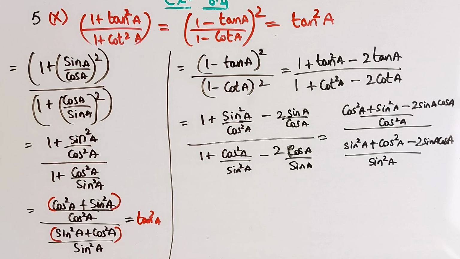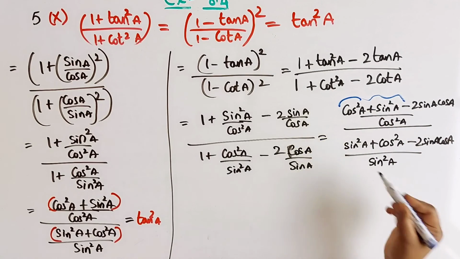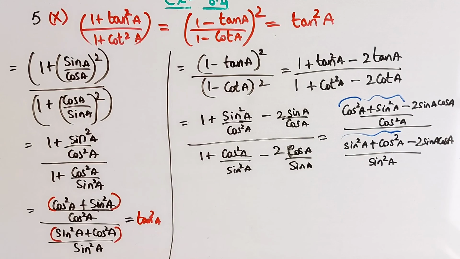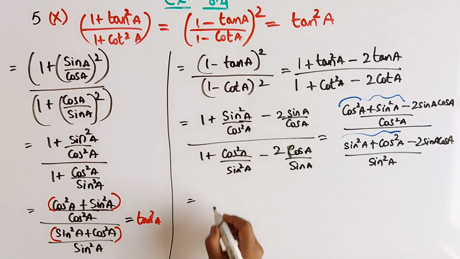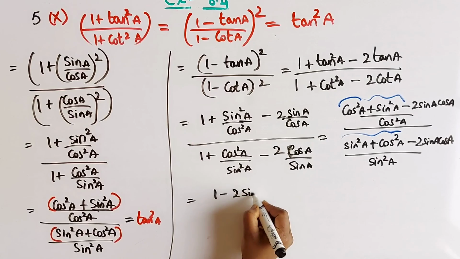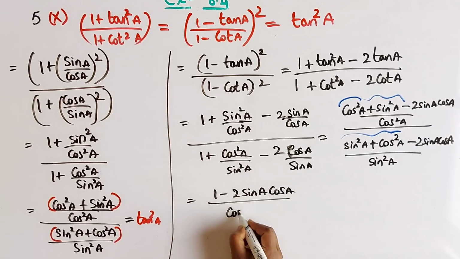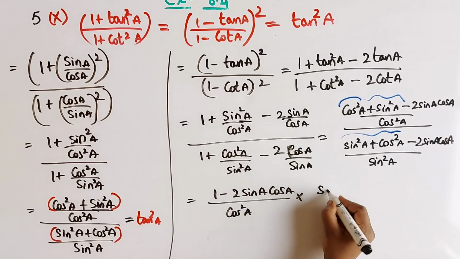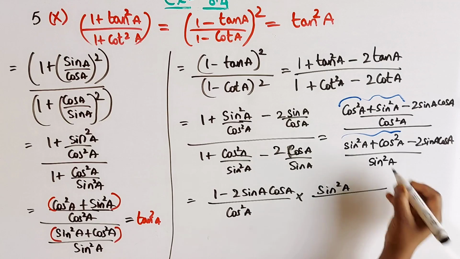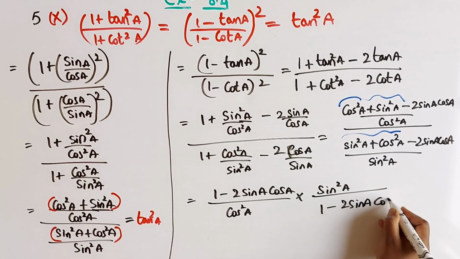Now see, what is cos square a plus sin square a here? And this one, it is 1. Sin square a plus cos square a is 1. So that's what I am writing here. This equals 1 minus 2 sin a cos a divided by cos square a into, just invert this one, sin square a by 1 minus 2 sin a cos a.